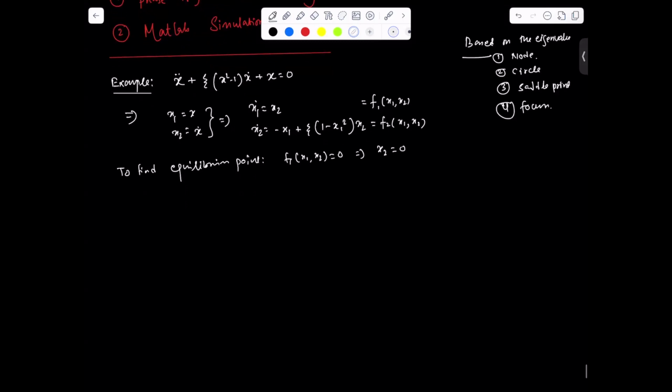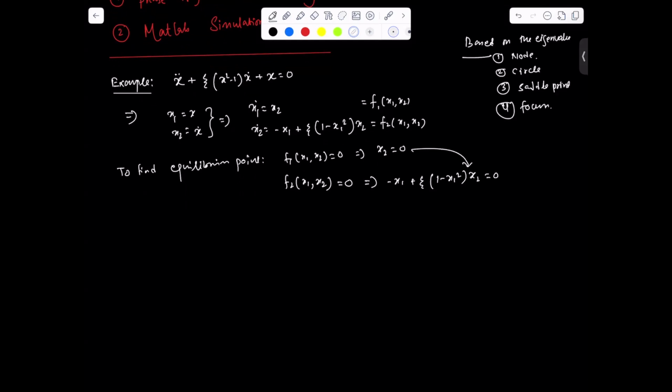And from the second equation, f2(x1, x2) equal to 0, so minus x1 plus zeta times 1 minus x1 squared times x2 equal to 0.